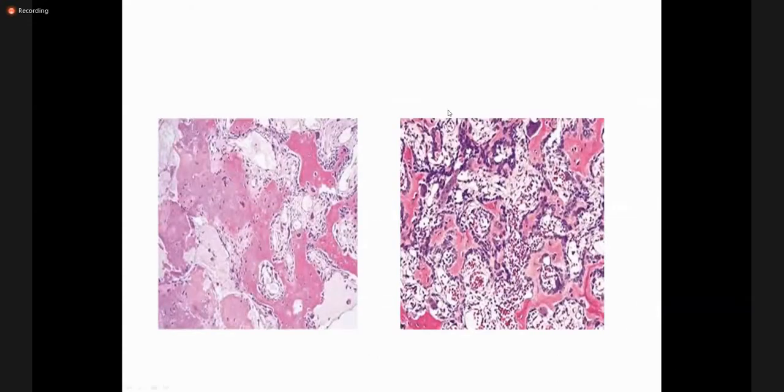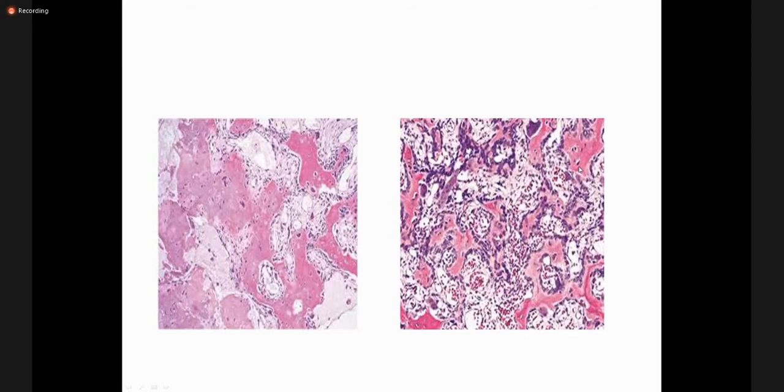Again, another picture for the osteoblastoma. There are sclerotic bone trabeculae, and you can see the osteoblasts, these cells which line the trabeculae, and there is presence of osteoclasts and fibrous stroma. Again, these are the osteoclasts, these are the osteoblasts, this one is the fibrovascular stroma and mature bone trabeculae.